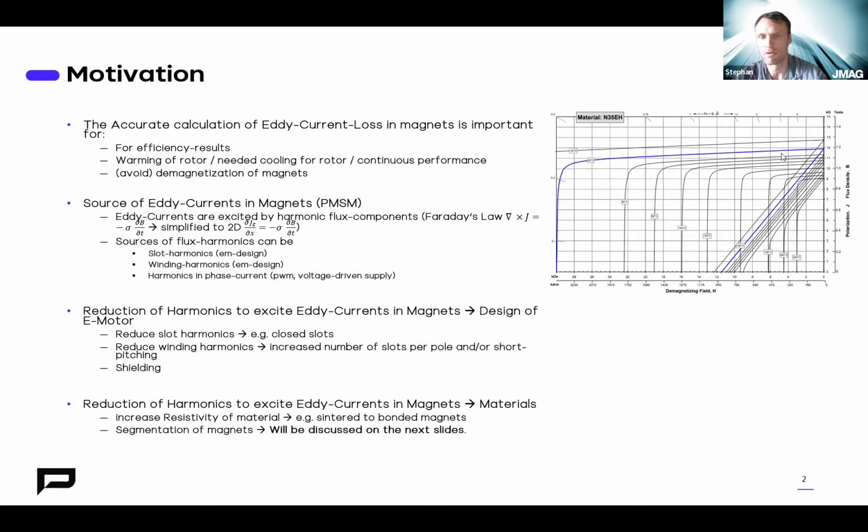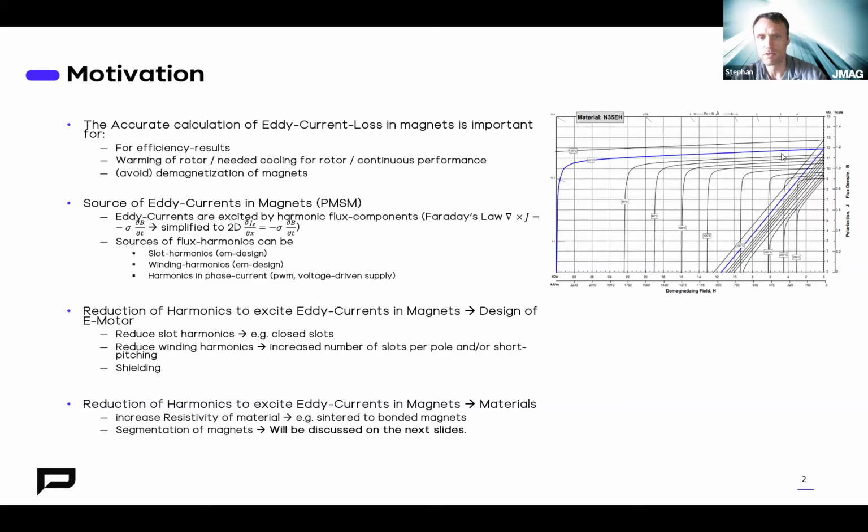So if such an active short circuit is far from being critical at, let's say, a magnet temperature of 120 degrees Celsius, it's very critical maybe at 150 degrees Celsius. That's why we really need to accurately simulate these losses and also the thermal behavior of the e-motor to save the magnets from being damaged.